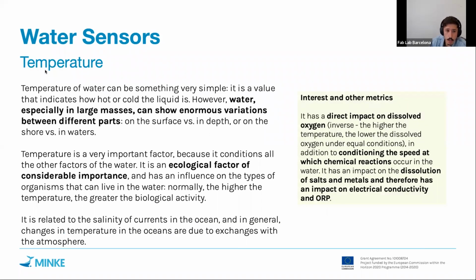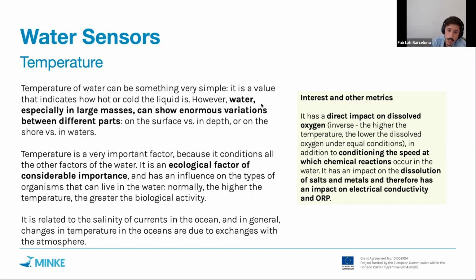And finally, temperature. So the last one you have is a temperature measure. It's very important because it affects almost everything: the dissolved oxygen, the pH, conductivity, and salinity. It also affects how fast the chemical reactions occur. And of course, it can affect the type of life that can develop in water.